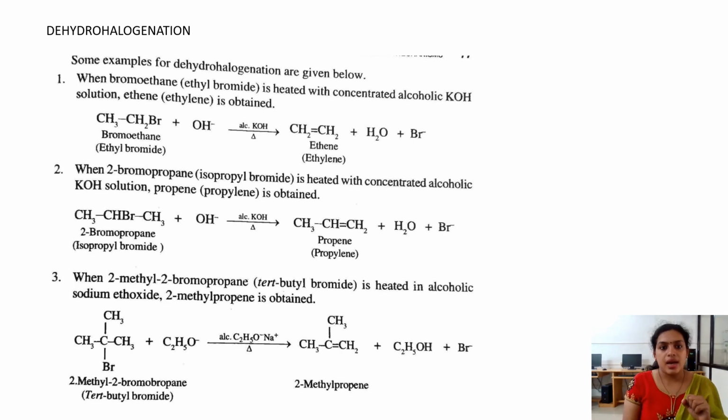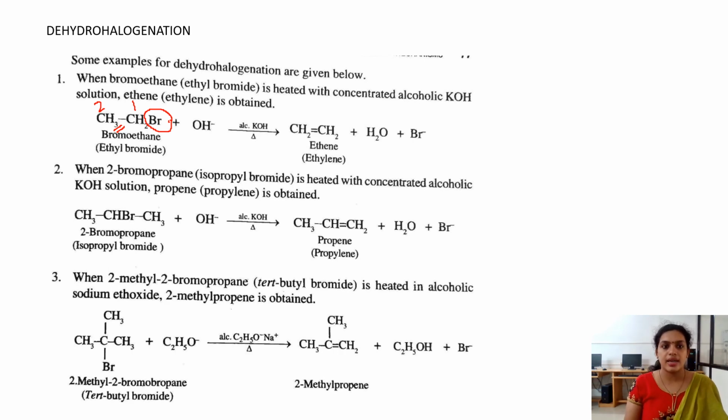If we take bromoethane and make it react with a very strong base, such as alcoholic KOH, bromine is removed from the first carbon, and from the second carbon one hydrogen atom is removed to give an ethylene molecule. The OH minus and this hydrogen will give a water molecule, and Br minus will also be a side product. So this is the simplest example of elimination, dehydrohalogenation.